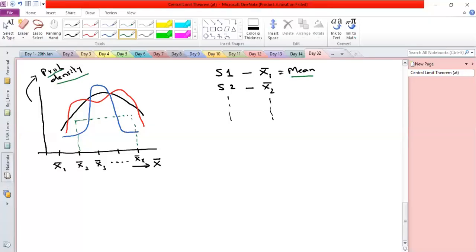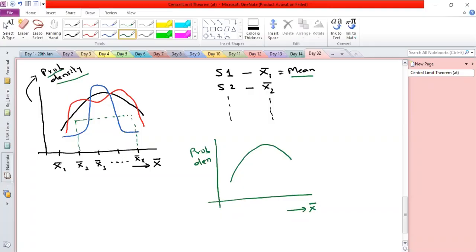Okay, now the question comes. Let us assume that I plot this information. This is my X bar, this is my probability density function. Let us assume that you got a curve something like this.